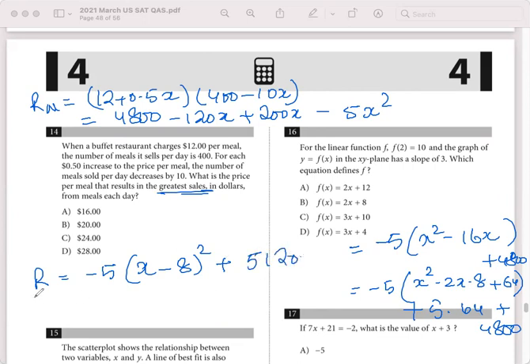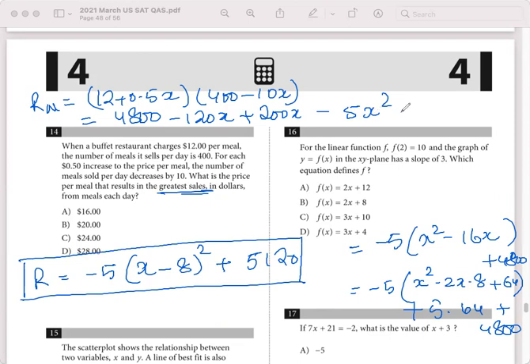So this is my vertex form of the function that we had figured out, right? So I can see that when x is 8, the revenue, which is the maximum revenue, will be $5120.